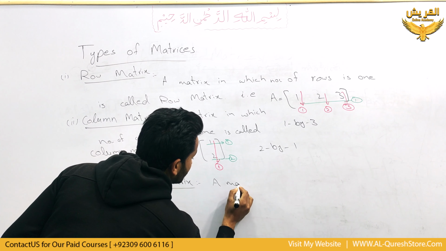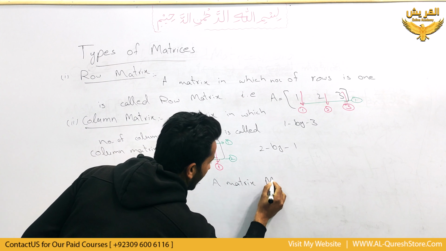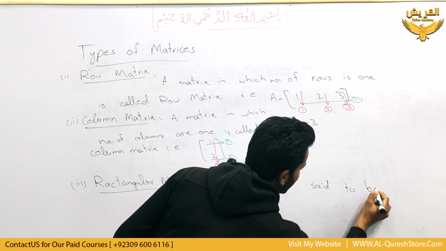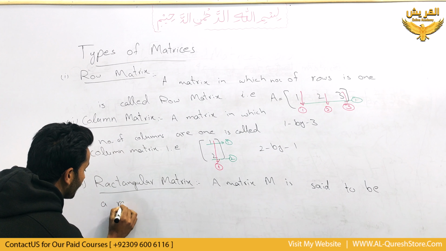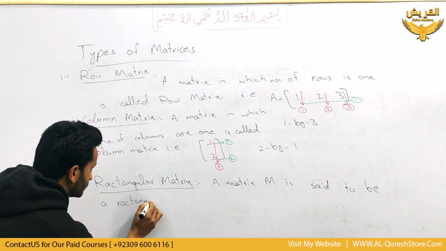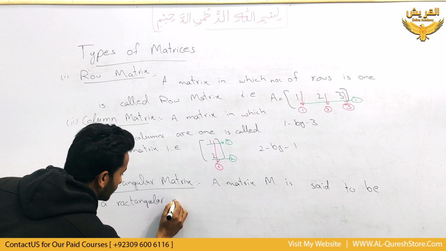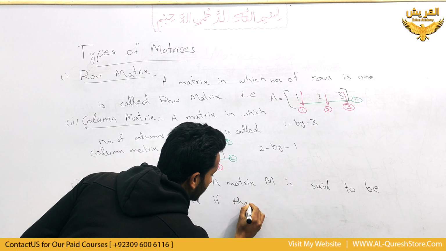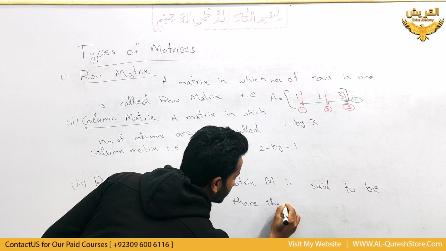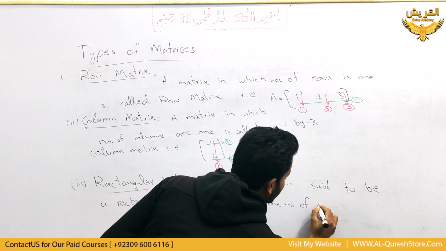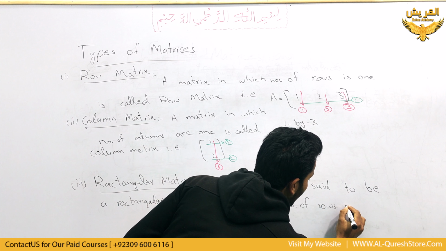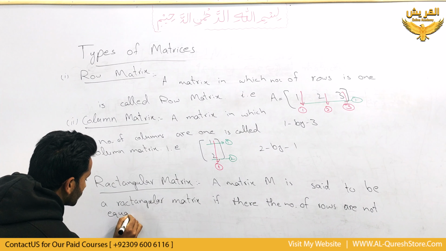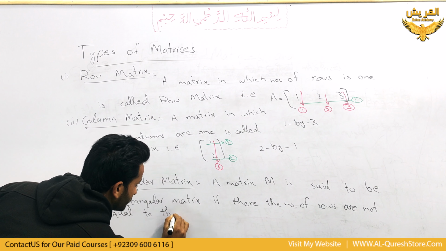A matrix M is said to be a rectangular matrix if the number of rows is not equal to the number of columns.